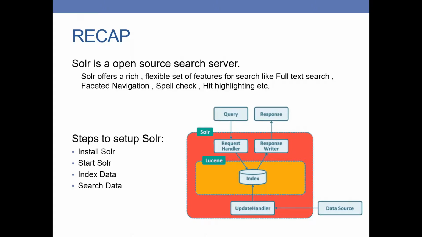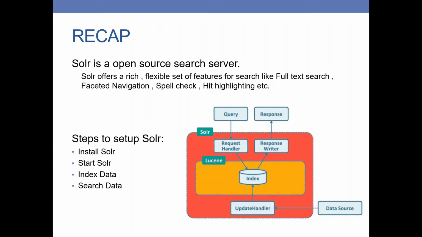So, this picture depicts the SOLR application framework. It gives an overview of the high level workflow of the SOLR. So when data is ingested from the data source, it goes through the update handler where the pre-processing is done and index is created.